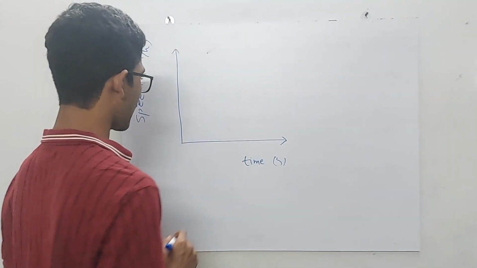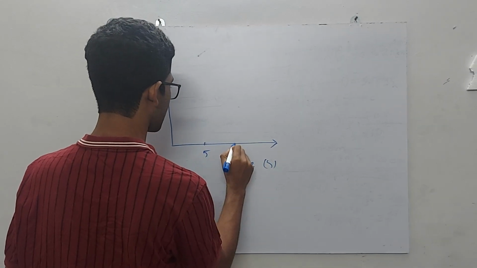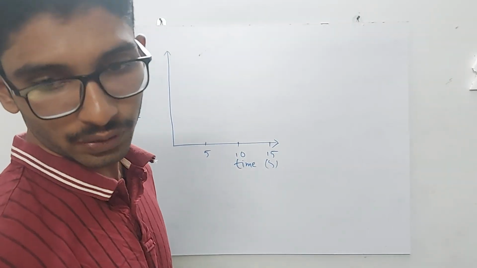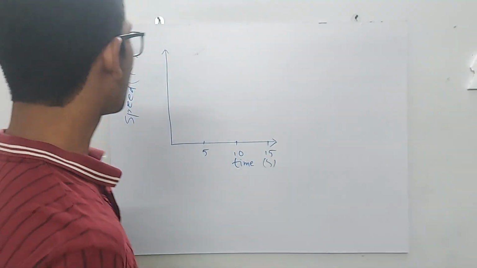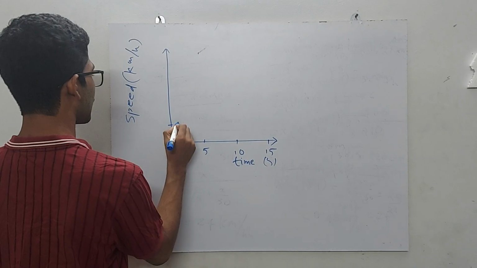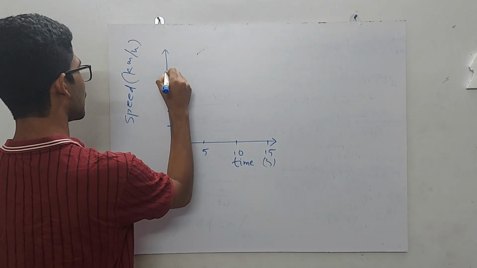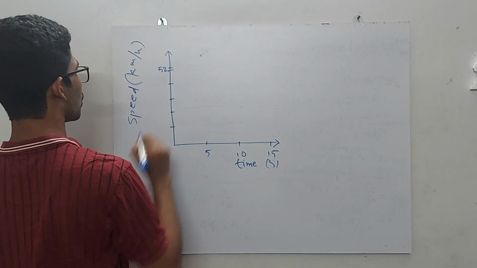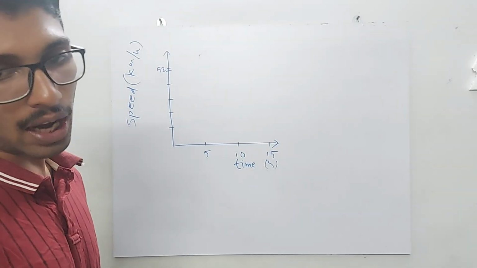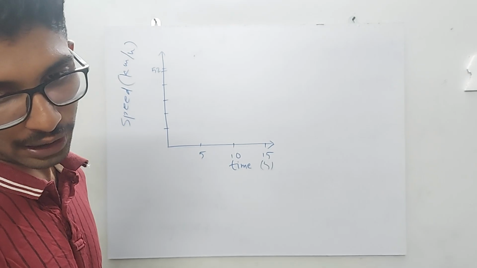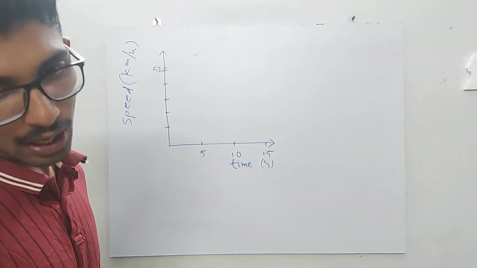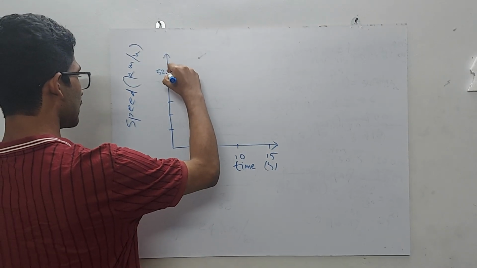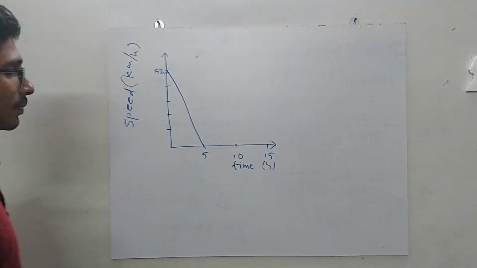So let's mark time. This is 5 seconds, 10 seconds, 15 seconds. And the speed of the car initially was 52 km per hour. So let this be 10, 20, 30, 40, 50. So 52 km per hour, almost here. That's the speed with which the car decides to stop, and within 5 seconds the car comes to a stop. So the graph would be like this, isn't it?